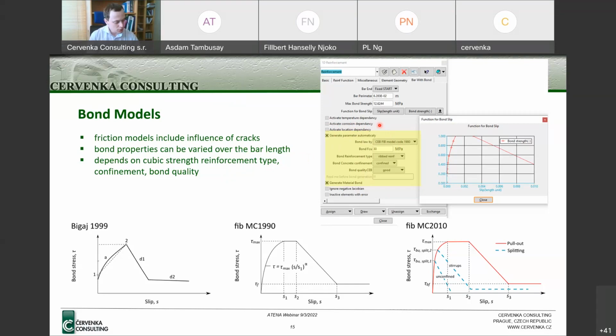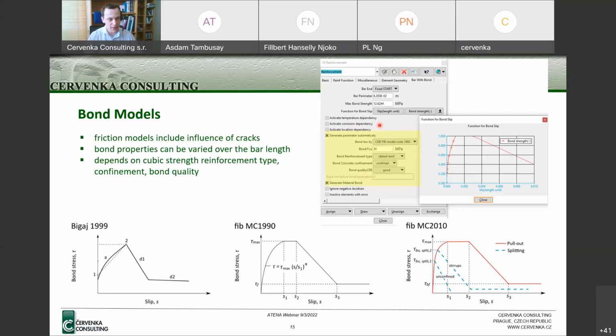Or I can imagine that you don't want to go into the modeling of the deterioration mechanism, I mean the chloride ingress or the carbonation, and you directly want to simulate the impact of the reduced bond.